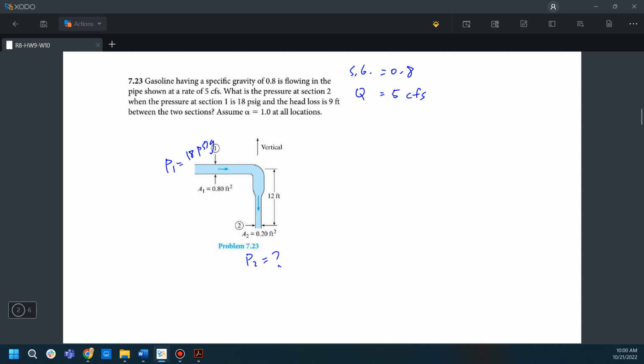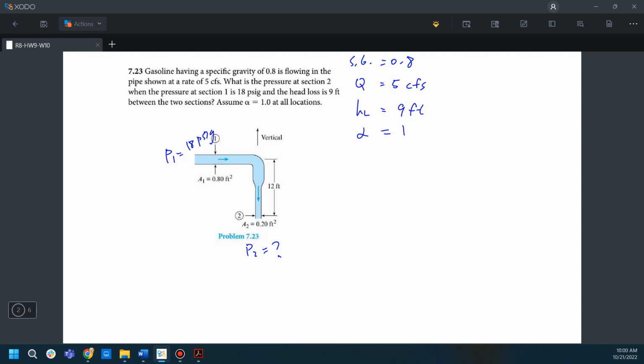And we also know that the head loss is equal to 9 feet between the two sections. Okay, and we assume that the alpha, the kinetic energy correction factor, is equal to 1 at all sections. So again, we need to apply the energy equation to solve this question.